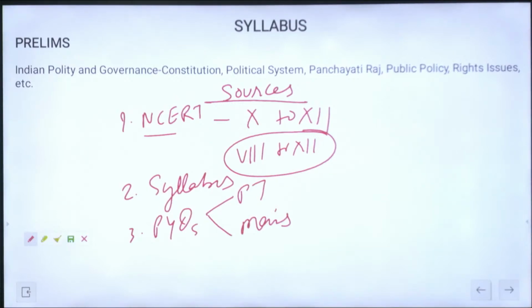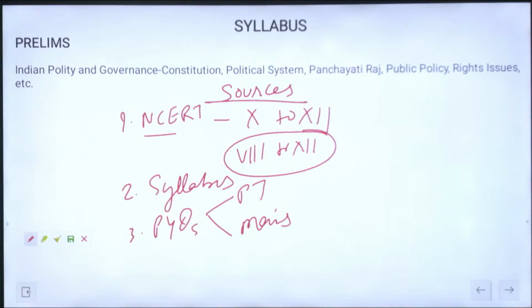NCERT is a must, there is no replacement for NCERT. Other than NCERT, take any one source, whether it is class material, coaching material, or any book, but only one. There is no need to go for multiple sources, because all the books have the same thing.